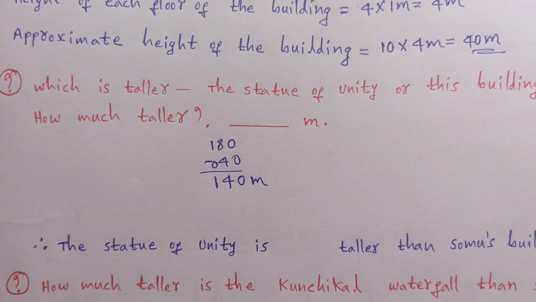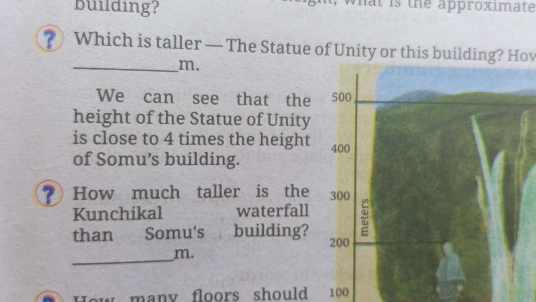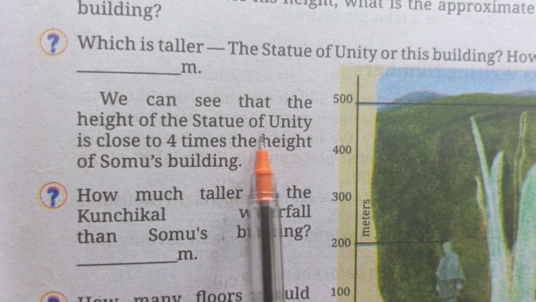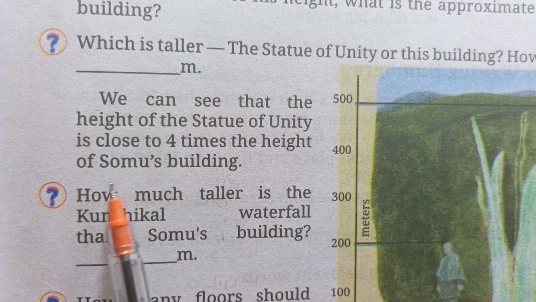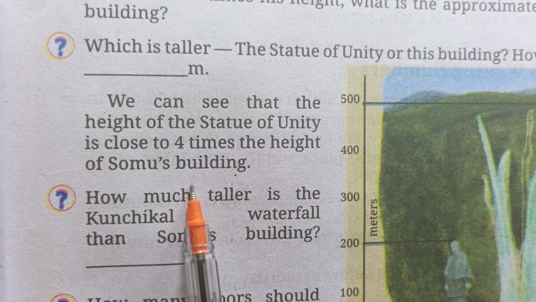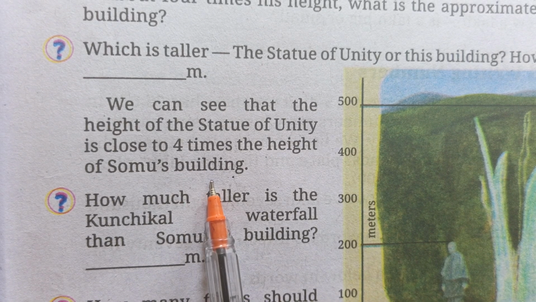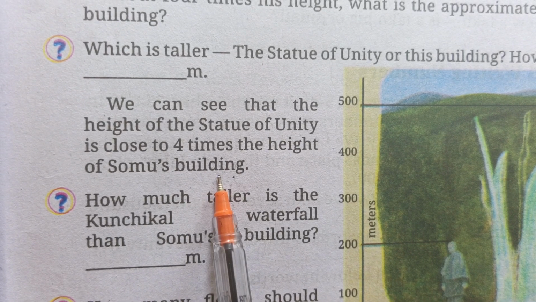So 4 times. It is mentioned in the textbook that the height of the Statue of Unity is approximately close to 4 times the height of Somu's building. So Somu's building is how much? 40. So 4 into 40 is 160 meters.